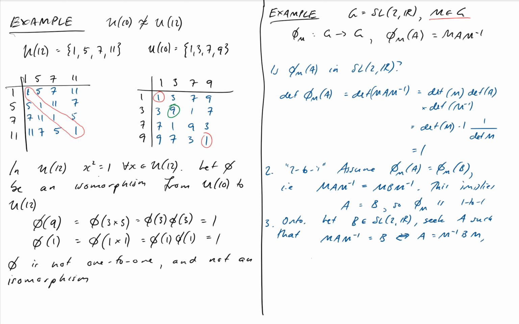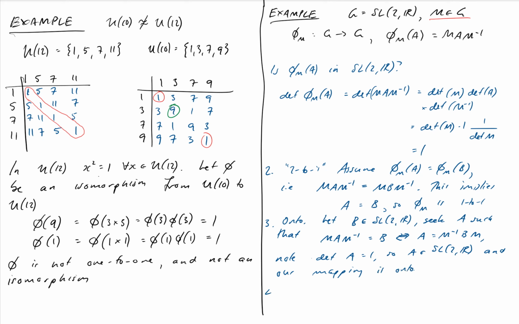This is the A that we're after. Note that the determinant of A equals 1, so A is an element of SL2R, and our mapping is onto. Just using the same determinant logic as I used before.